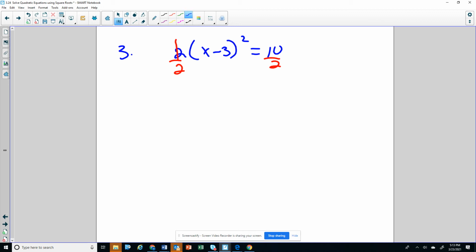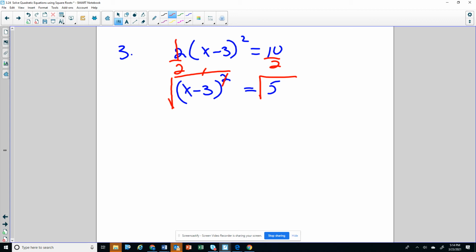So I'm left with x minus 3 squared is equal to 10 divided by 2, which is 5. Now, to cancel the square, I'm going to take the square root.